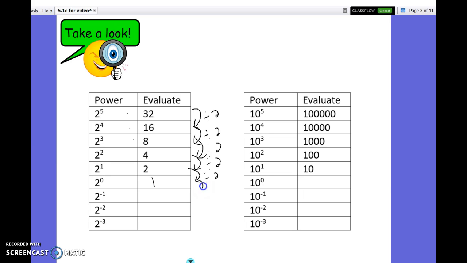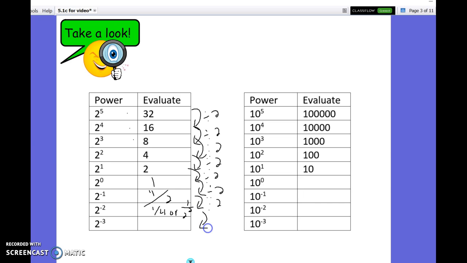Let's keep going. So 1 divided by 2 is half, or 1 over 2 to the first power. 1/2 divided by 2 is 1/4. Or we could write 1/4 as 1 over 2 to the second, right? Because 2 to the second, or 2 squared, is the same as 4.